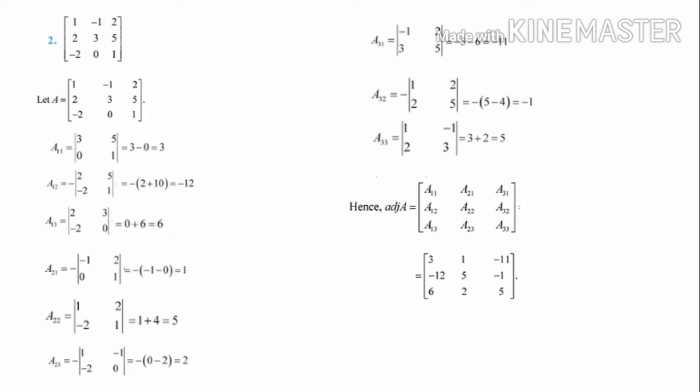So it is written here 3, minus 2, 6. And next A21, A22, A23. So A21 is 1, A22 is 5, and A23 is 2. It's written here 1, 5, 2. Next column, that is A31, A32, A33. The elements are minus 11, minus 1, and 5. That is written in third column. So the adj A is matrix 3, 1, minus 11, minus 2, 5, minus 1, 6, 2, 5.